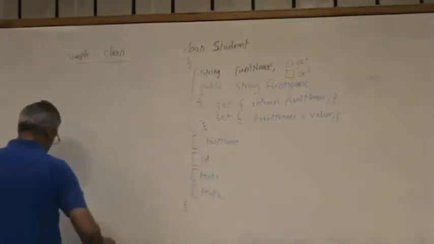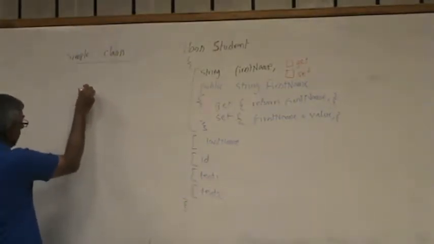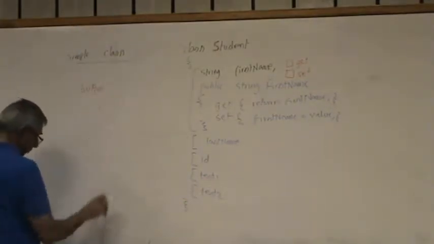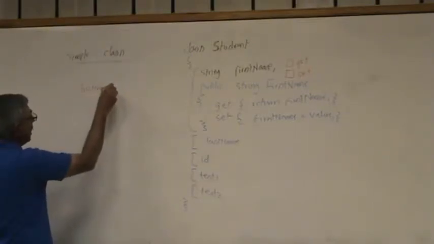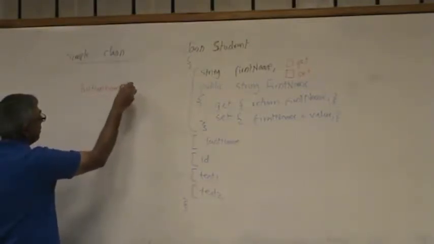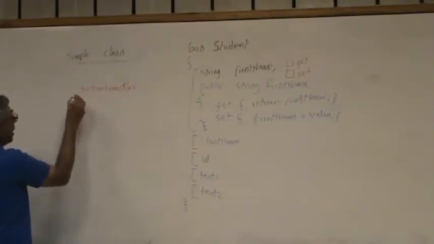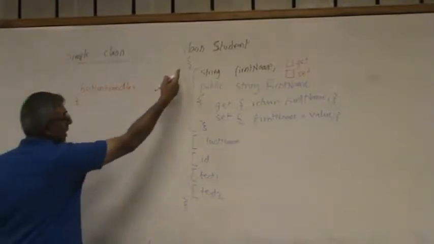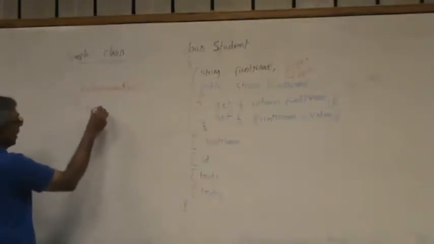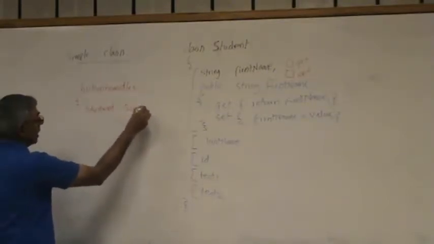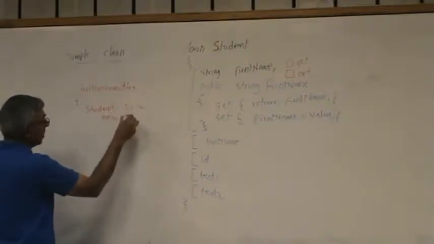We created a button handler, meaning if you click on it, it will call that function. And in this button handler, we created one object of the Student class. So our code looked something like this. Student S1 equal to new Student.